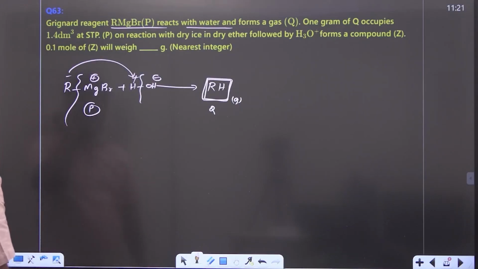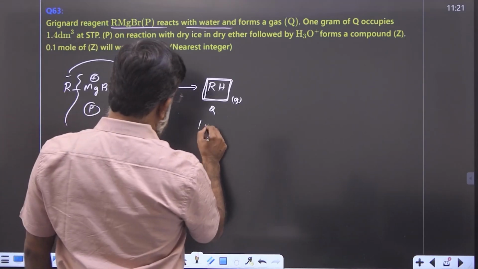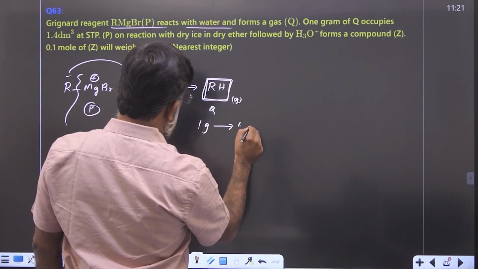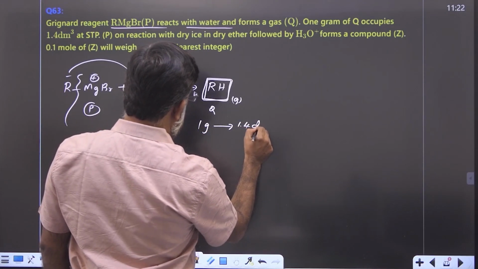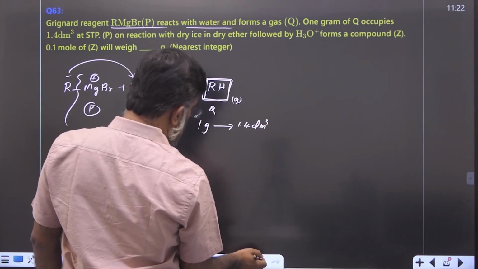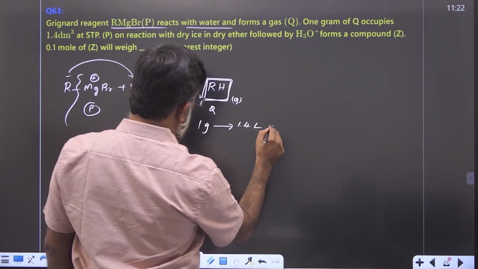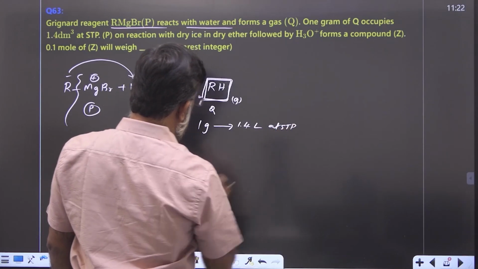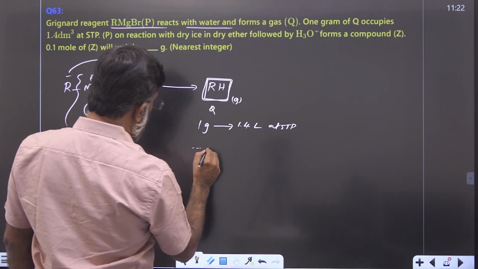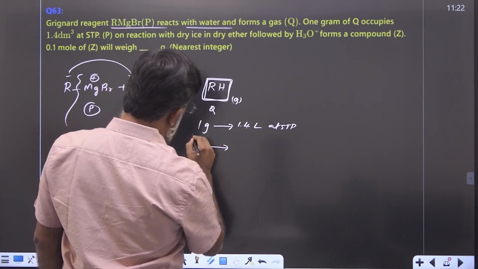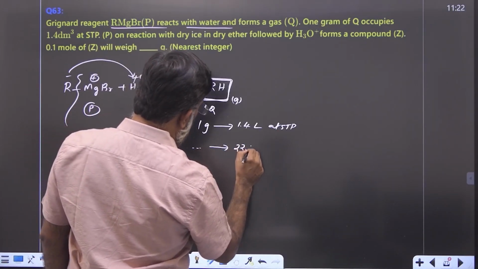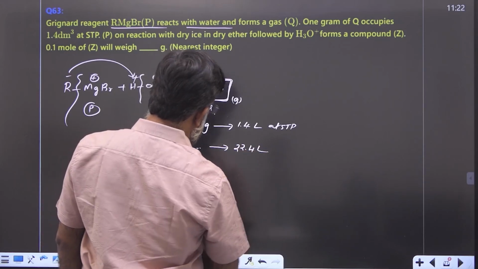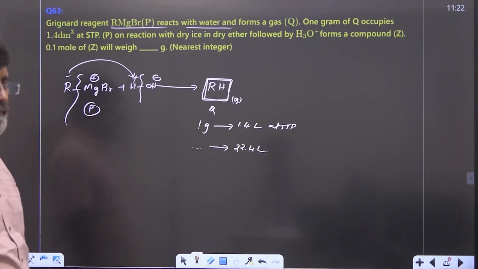1 gram Q occupies 1.4 decimeter cube at STP. So 1 gram occupies 1.4 decimeter cube, that is 1.4 liter at STP. Therefore, how many gram will 22.4 liters have? That you can find out.